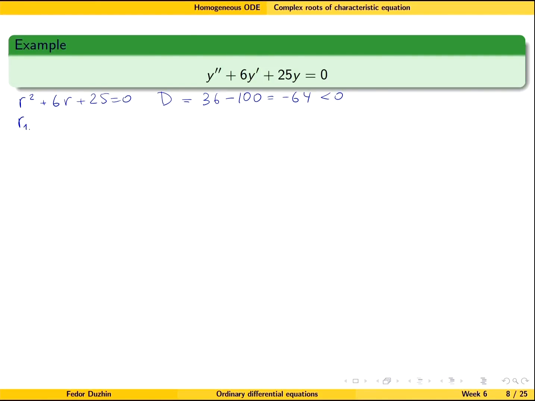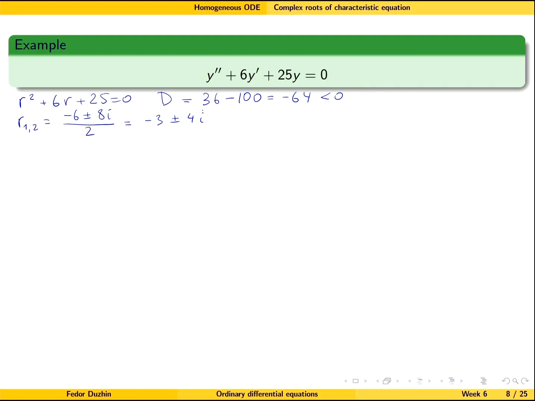The roots are minus 6 plus minus the square root of the discriminant, which is 8i, divided by 2. So this is minus 3 plus minus 4i. These are the two complex roots of the characteristic equation.